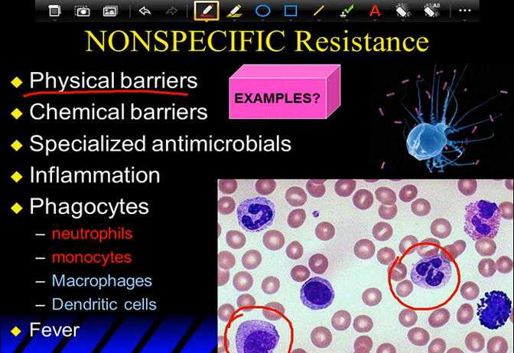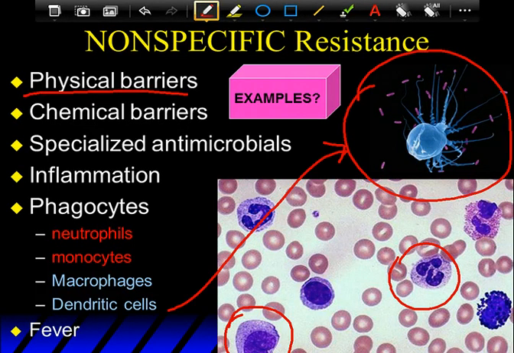Monocytes are huge. Those are the 2 professional phagocytic cells in your blood. They can come out of blood during inflammation to go into tissue that's been traumatized. Macrophages and dendritic cells are in non-blood tissues, particularly connective tissue, and this one right here is a dendritic cell. You'll hear about him more.